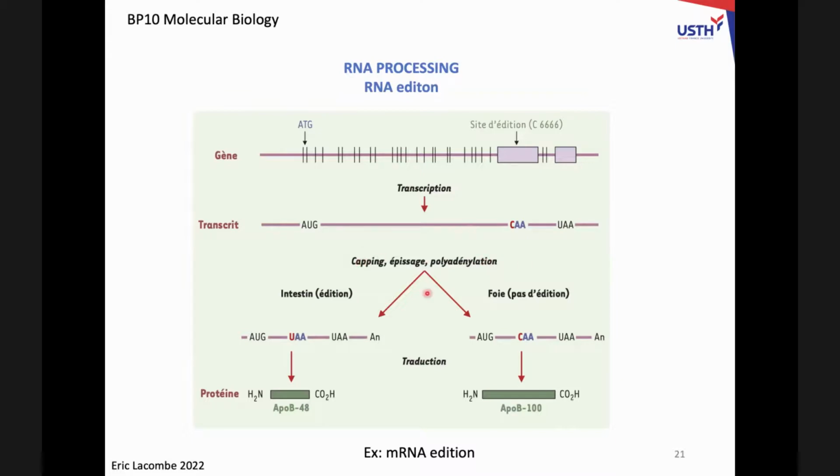But depending on which organ it is, intestine in French is intestine in English, foie in French is liver.